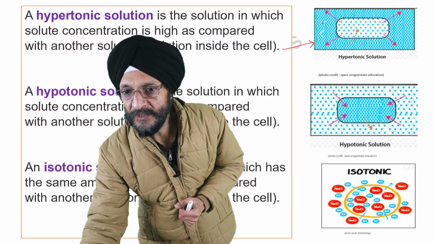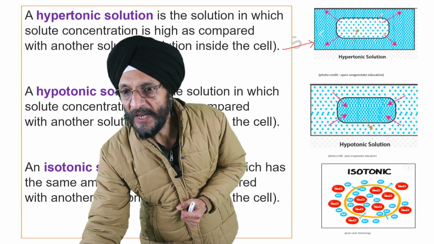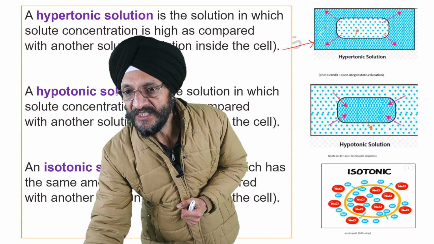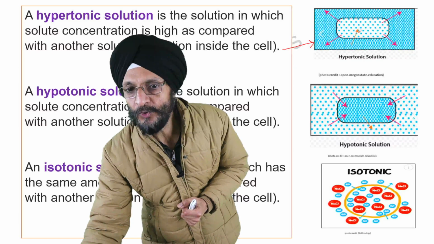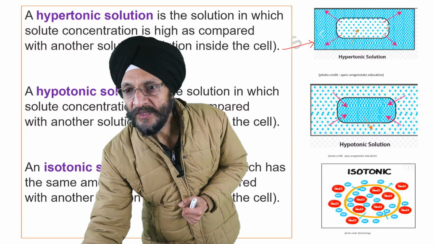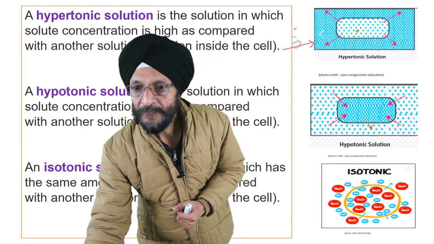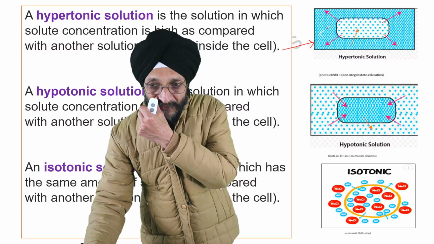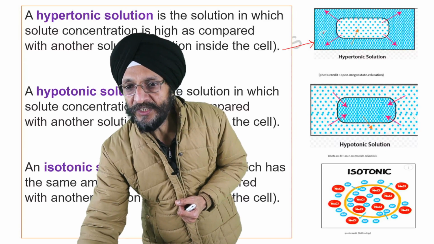The solution which is inside this black color covering is hypertonic solution. It has more solute in it as compared to another solution. That is, if we assume that this is the cell and the cell has less solute, whereas outside the cell solute is more, so the solution which is outside the cell is hypertonic solution.